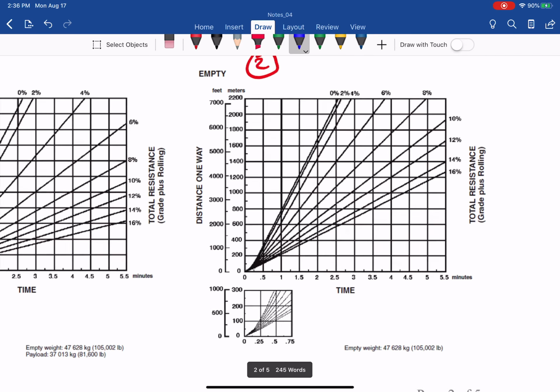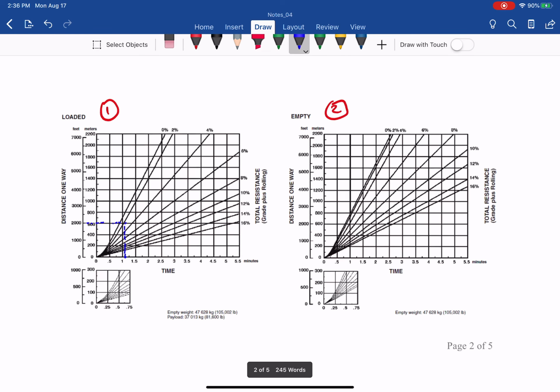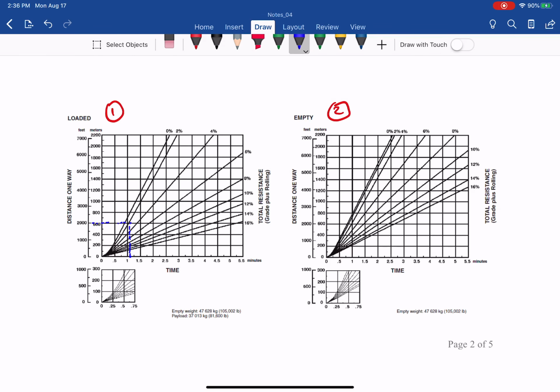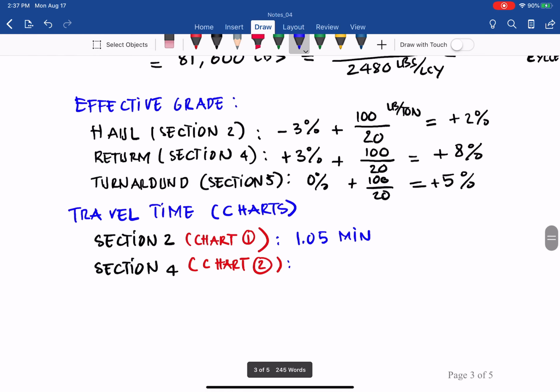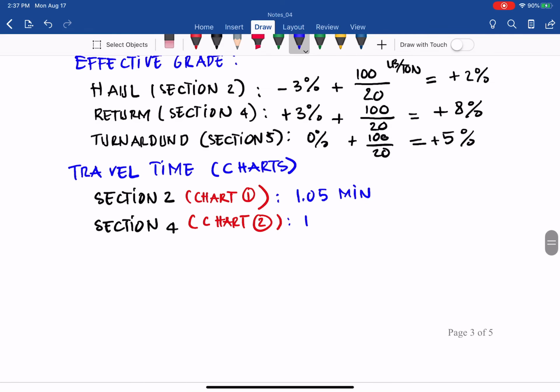So this one here, 2000, and go to 8% slope, and take out here. So it will be 1.45 minutes approximately from the graph. So 1.45 minutes.